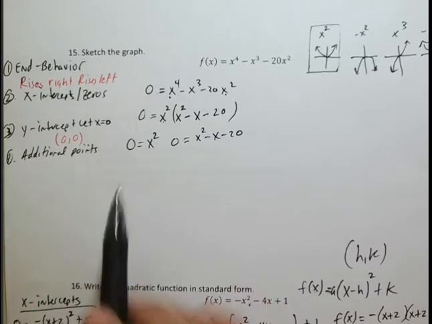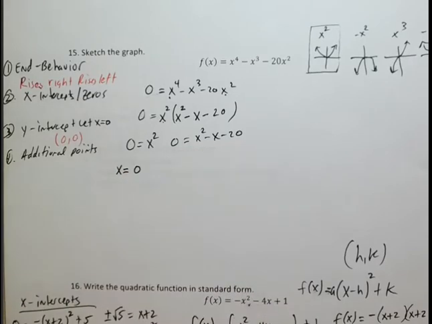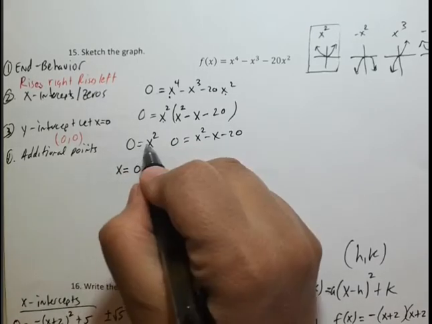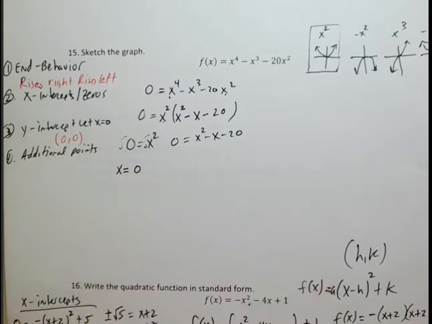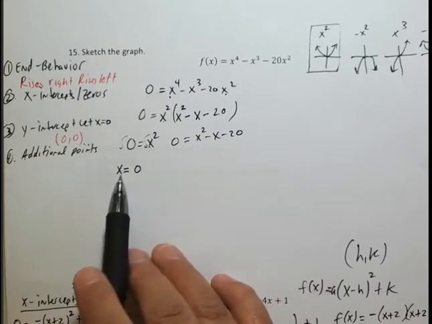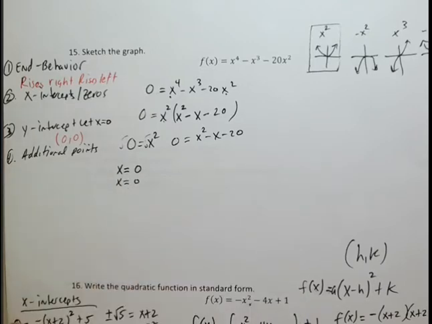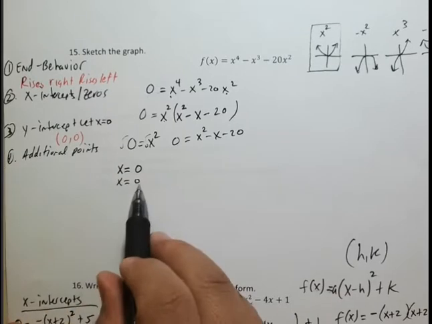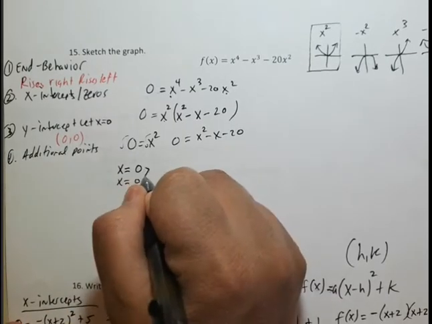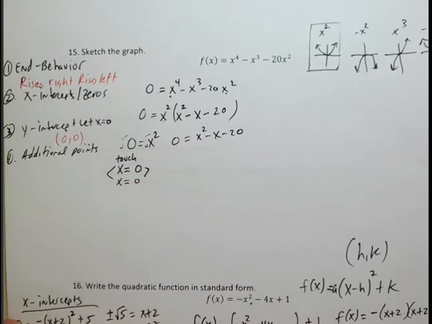For this one, I get x equals 0, taking the square root on both sides. But since it's x squared, that means x equals 0 is actually repeating twice, which is important because if it's repeating 2 times, then the graph is going to touch and turn when you graph it.